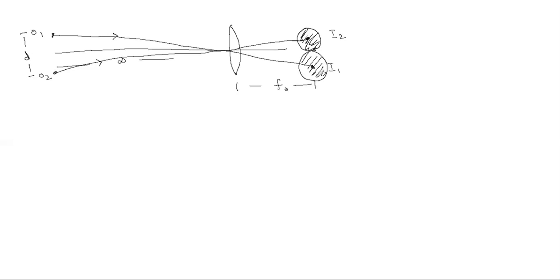The problem is if these two bright spots merge with each other like this, then the two images are not clear. If they are just touching, or formed with some separation, we can see them clearly.